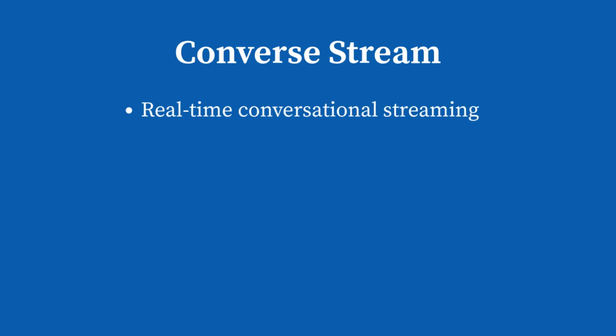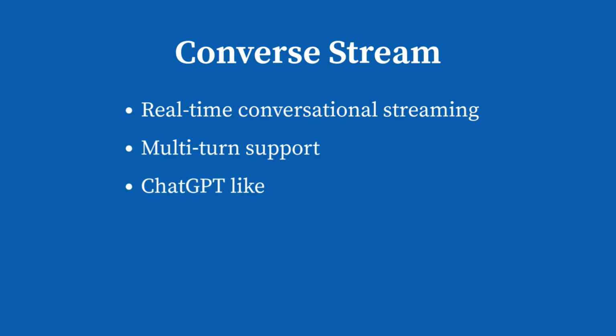Let's see some key features of the ConverseStream API. It receives replies in real time, ideal for live chatbots and customer support. Because of its streaming response, it's very useful for customer support. Multi-turn support maintains conversation history across requests for coherent dialogues. You can also define a system prompt, which is optional, giving instructions to guide the model's behavior during streaming.